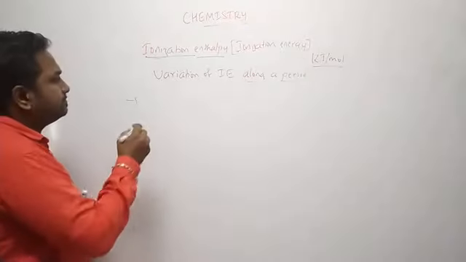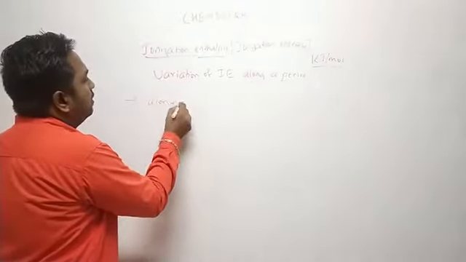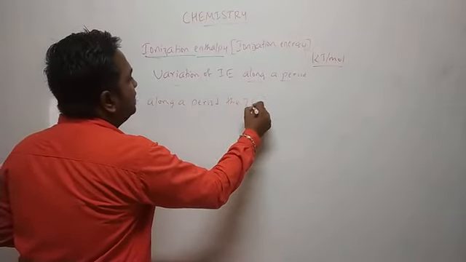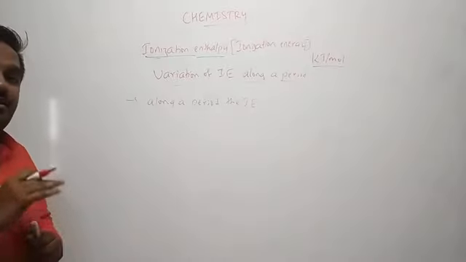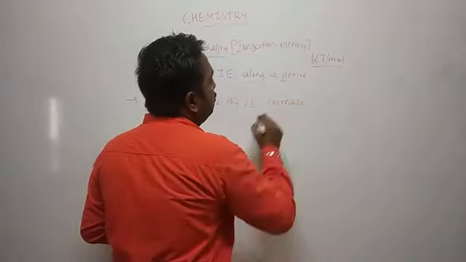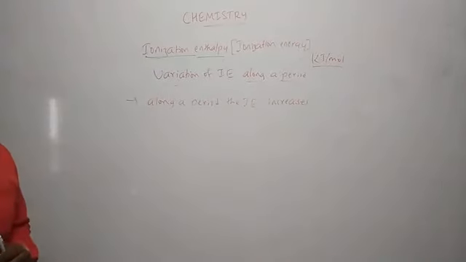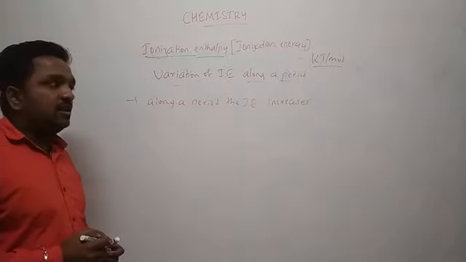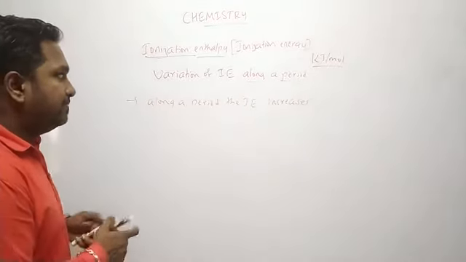So here, along a period, the ionization enthalpy increases. We need more energy to remove the electron from an isolated gaseous atom. Along a period, the ionization enthalpy increases. Why?